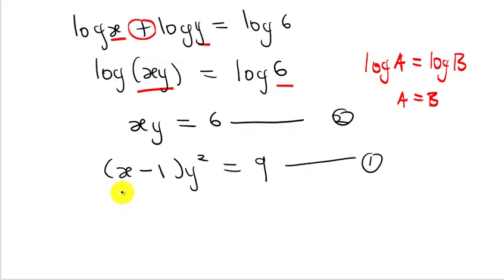And then we have the second equation to be xy being equal to 6. Now we have to solve equation 1 and equation 2 simultaneously. And how can we do that? We try taking one of the equations and make a variable the subject in there. So let's consider equation 2 and make a variable of our choice the subject in there.